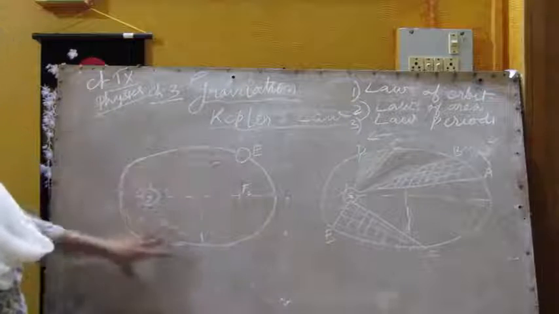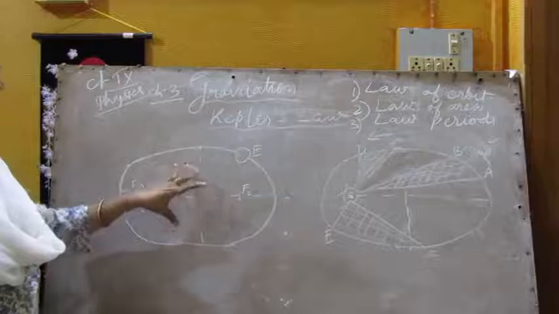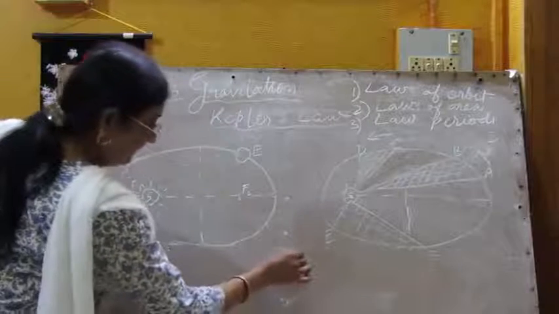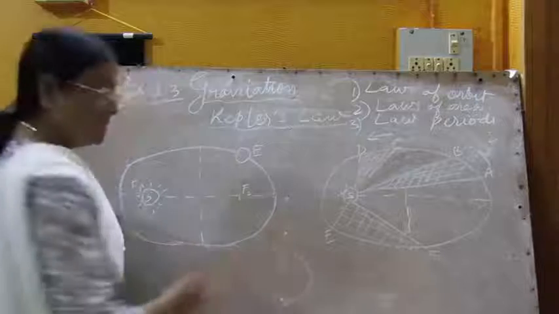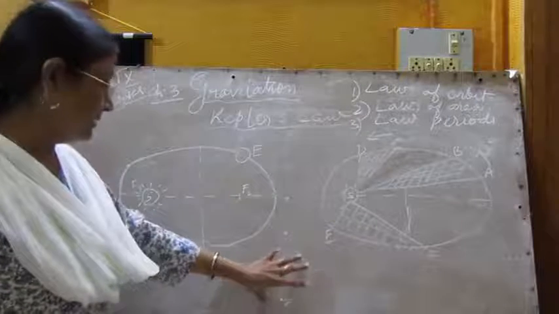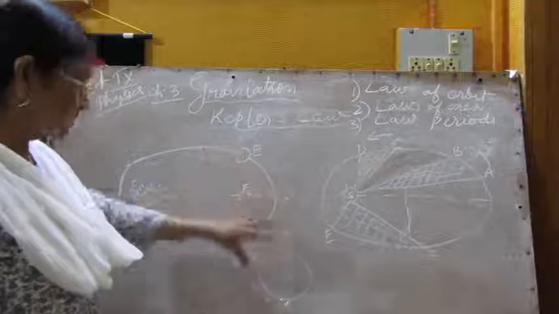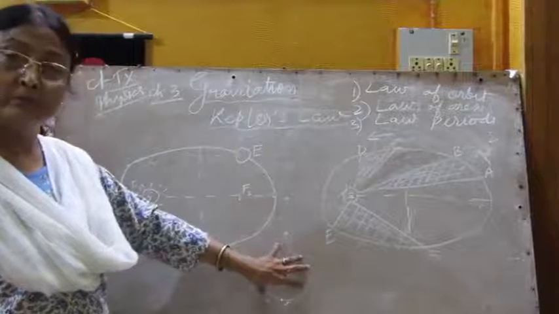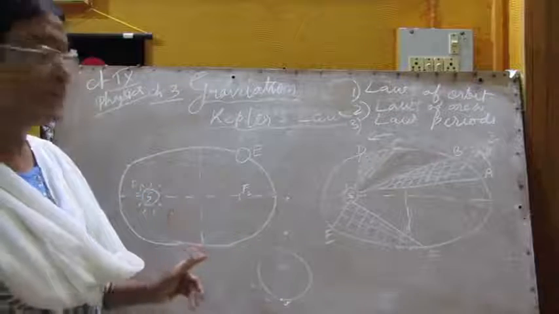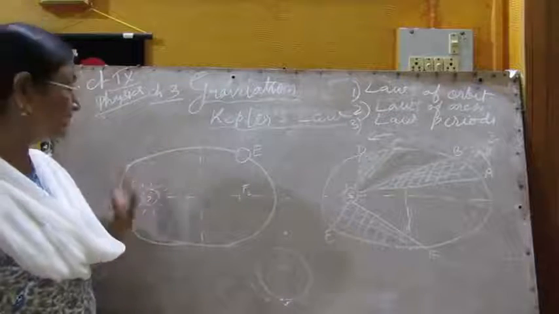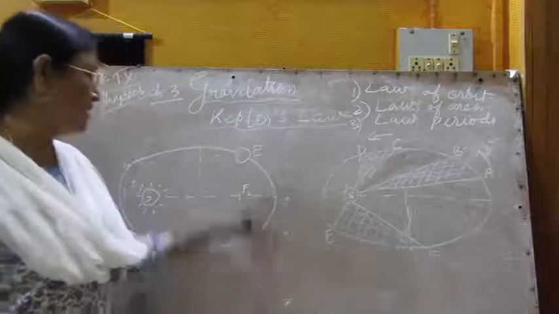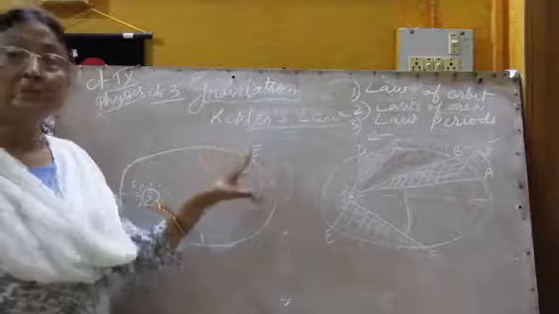If the orbit is circular, then the speed of the planet will be constant. But it is not circular, since it is an elliptical orbit, so the speed of the planet is not constant.